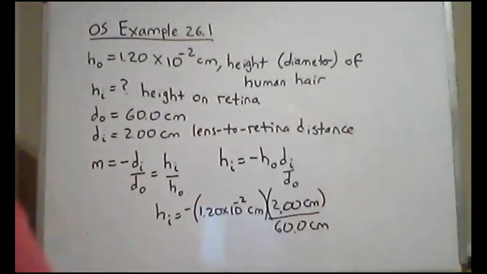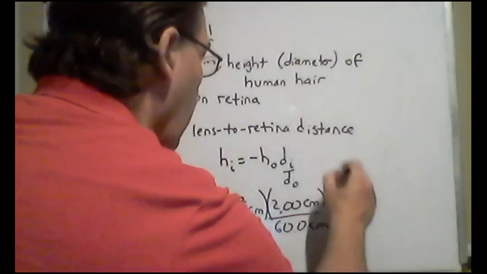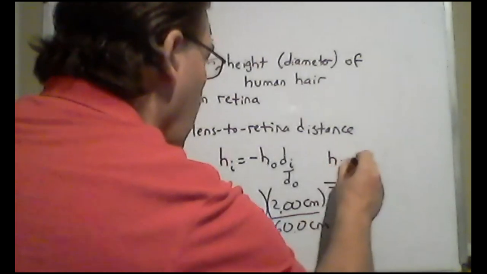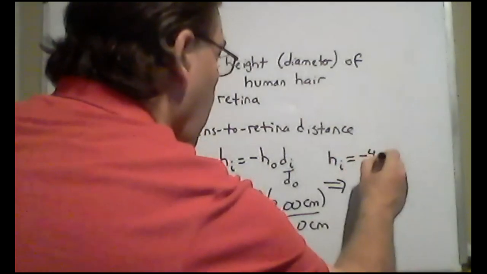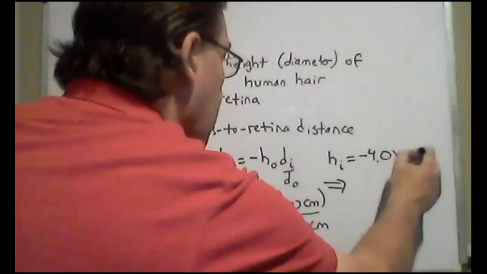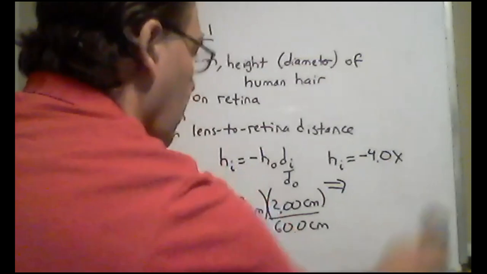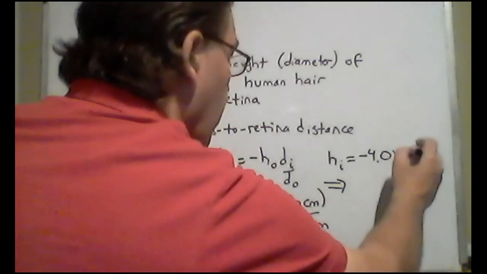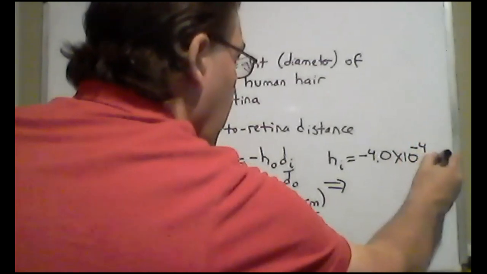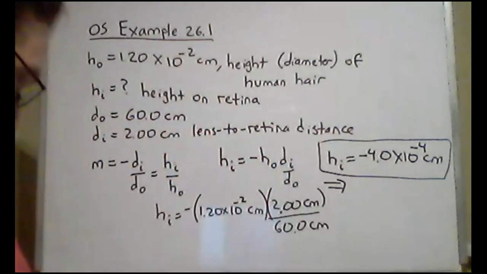You don't have to worry about it unless you're talking about diopters, where you convert to meters. And so we find that h sub I is quite small, negative 4.0 times 10 to the negative 4 centimeters, which is about 4 microns. That is very, very small, yet the human eye can still perceive it.